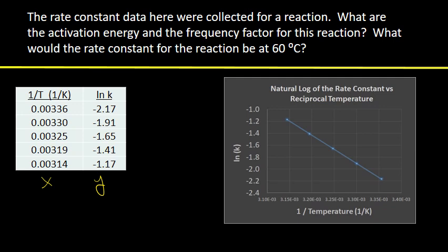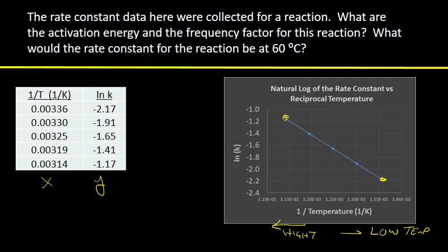I'll point out something on the x-axis, which is a little bit counterintuitive. Since you're taking the reciprocal of the temperature, this is actually high temperature here, right, with the larger rate constant values, and low temperature out here with the lower rate constant values.